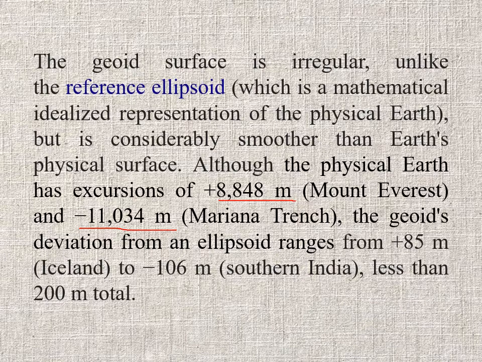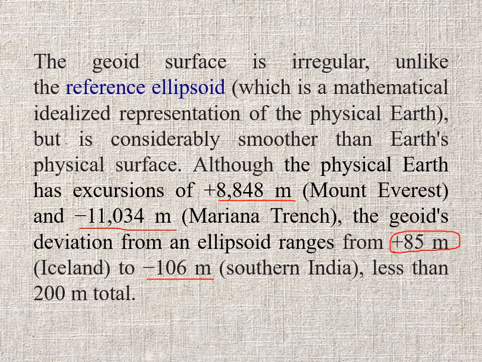In contrast to these original elevation differences, the original height or original depth, in the geoid surface the deviation from an ellipsoid ranges about only 85 meters near Iceland and only minus 106 meters in southern India.